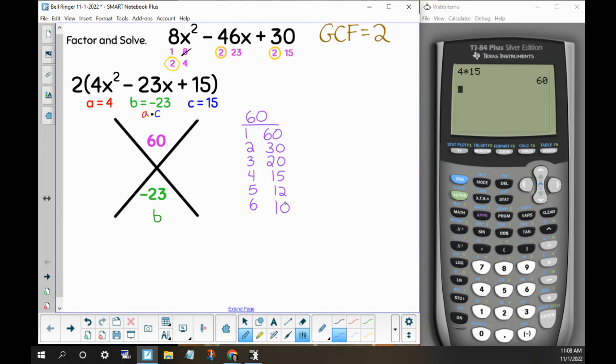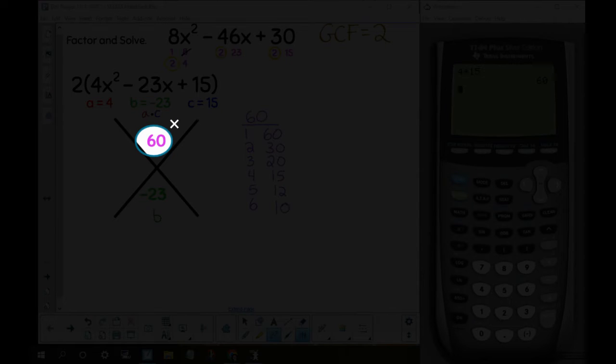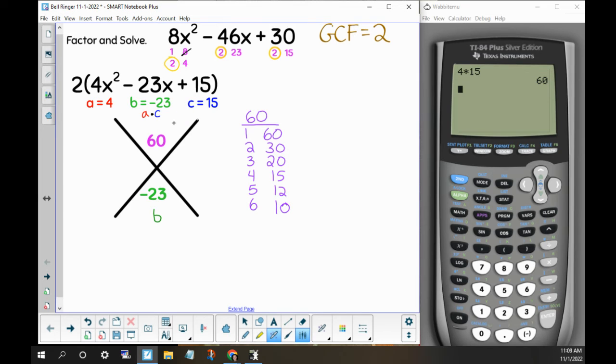Now, here's the nice thing about this problem, okay? If we look at this top number, we know that it is 60. It is positive. If the top number is positive, that means all of our signs will be the same. So, even though this is negative 23, we need to find out which of these pairs add up to 23.